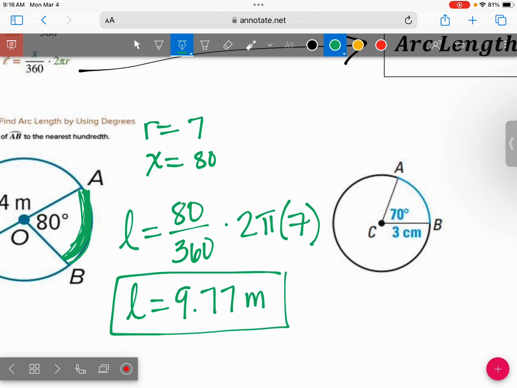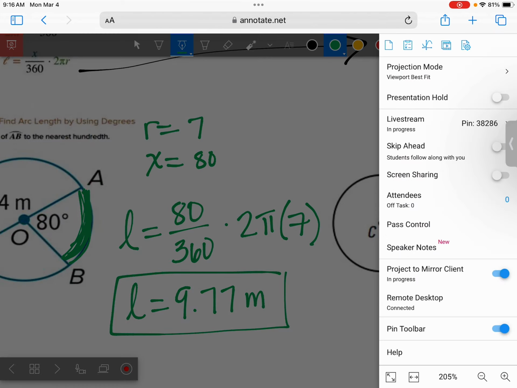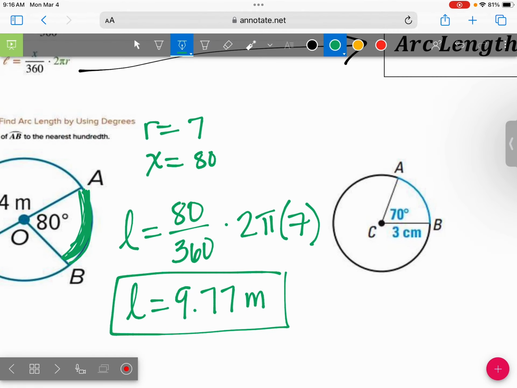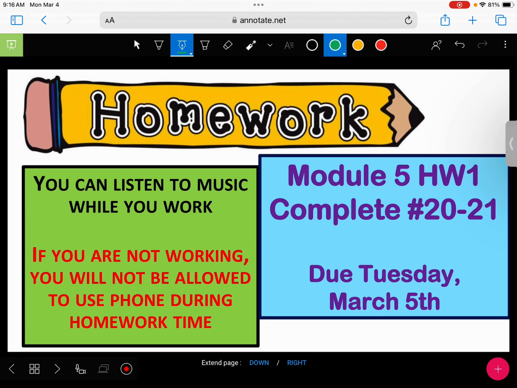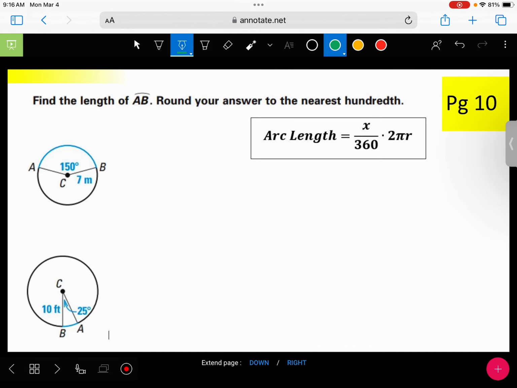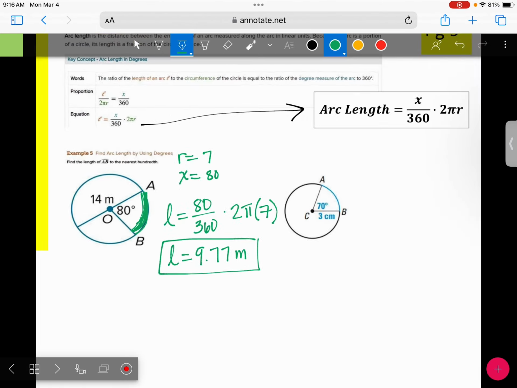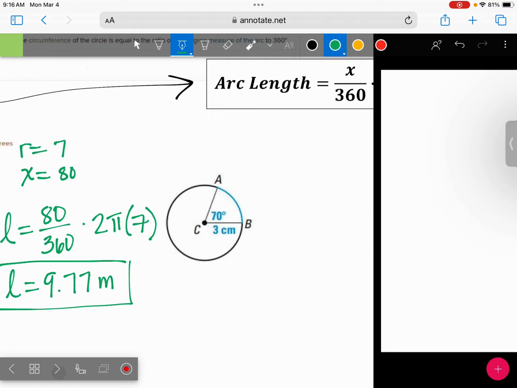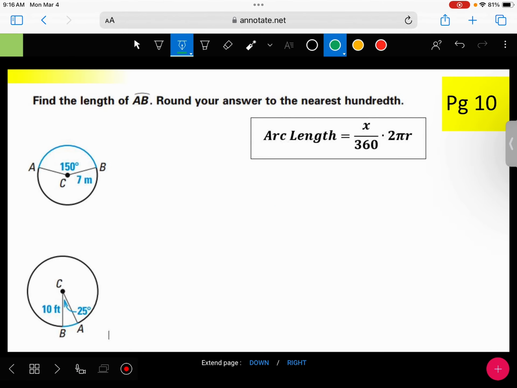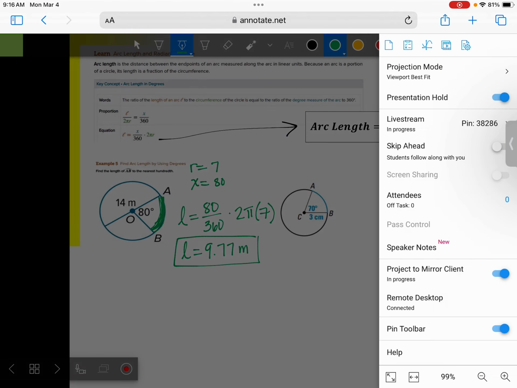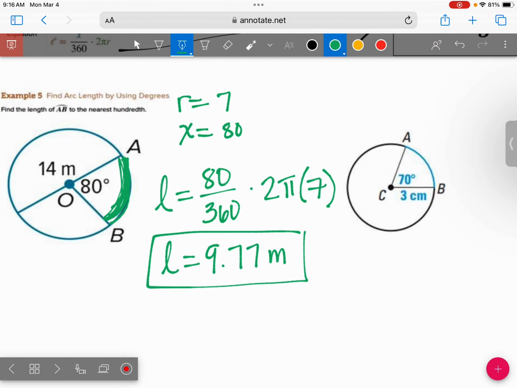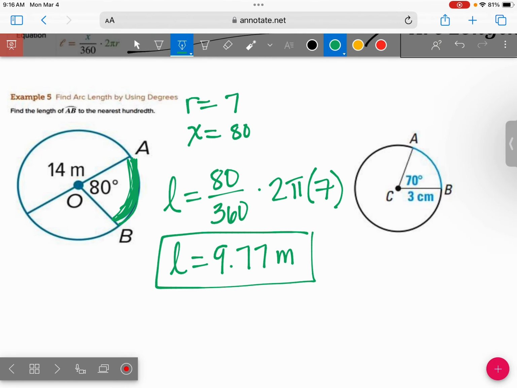So I'll give you a minute to type that in your calculator and see if you got that. All right, who got 9.77 in their calculators?